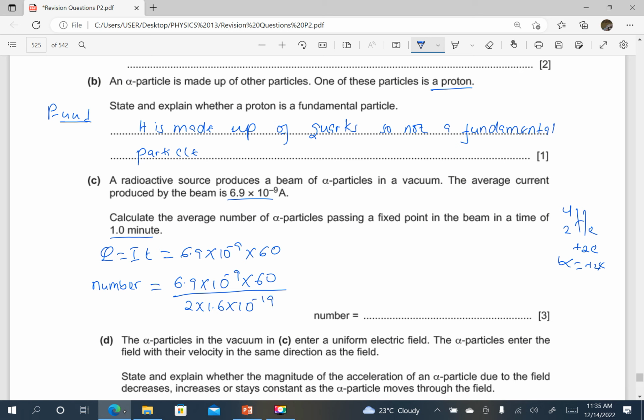So on my calculator, the number of alpha particles is going to be 1.3 times 10 power 12.